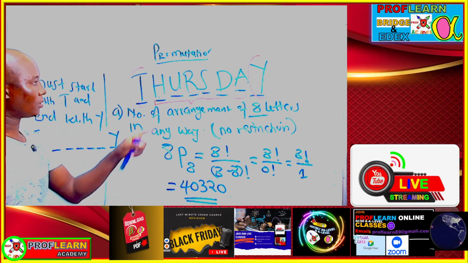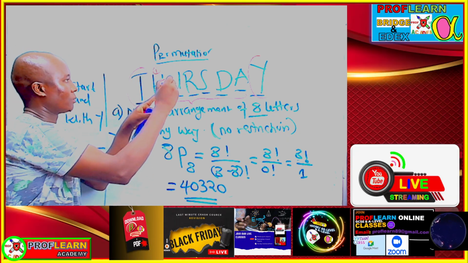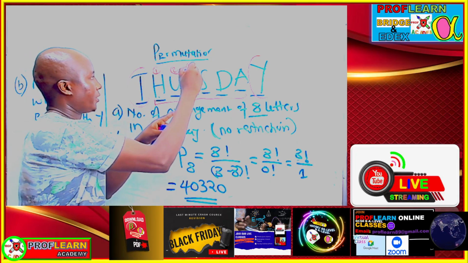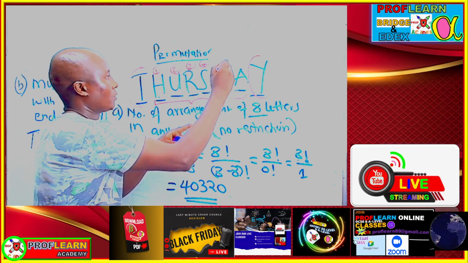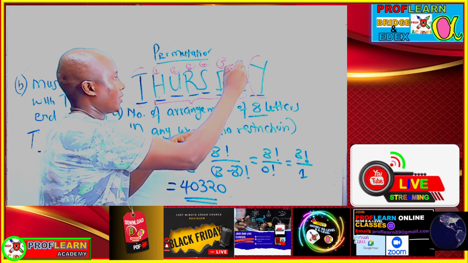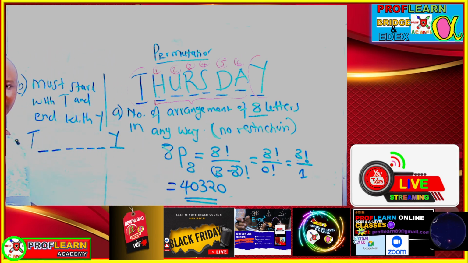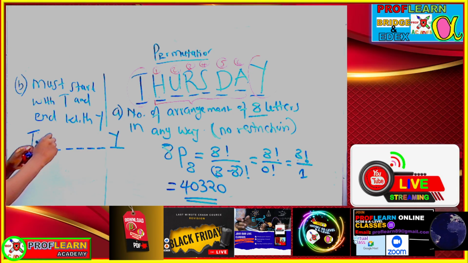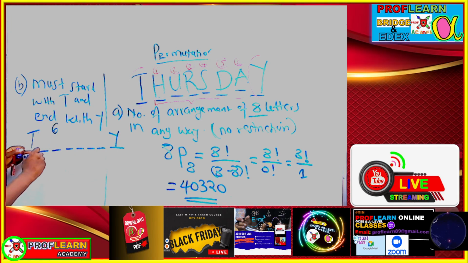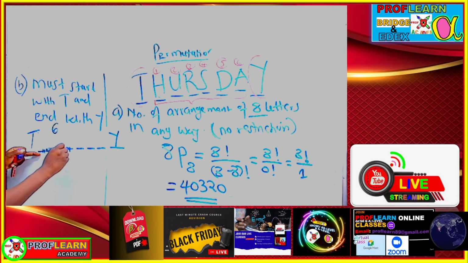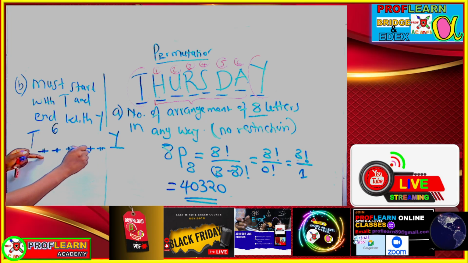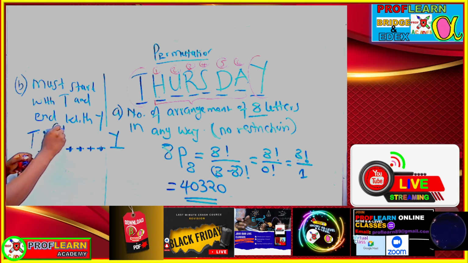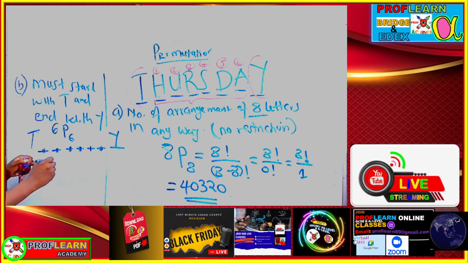Let's count them. 1, 2, 3, 4, 5, and 6. 6 letters that can fit these spaces that we have here. How many spaces are there? 1, 2, 3, 4, 5, 6. So it will be 6 permutation 6.